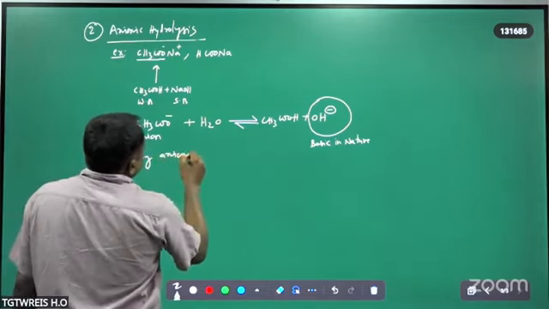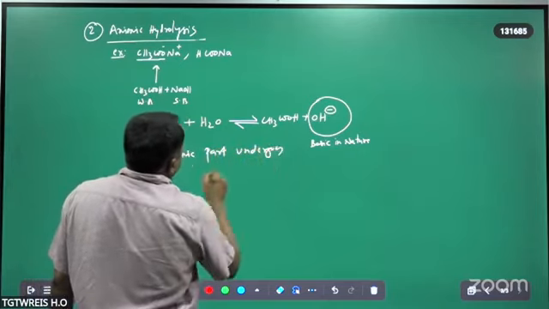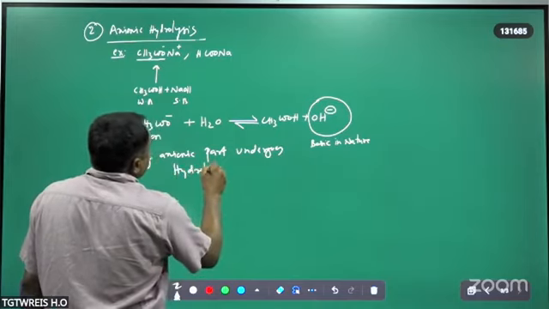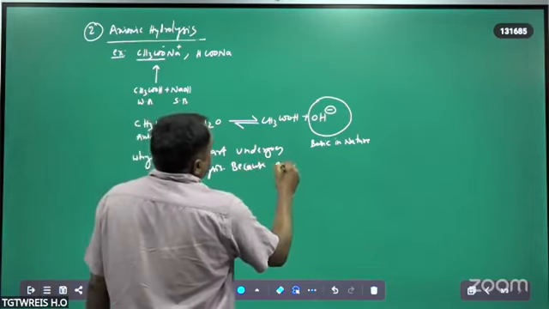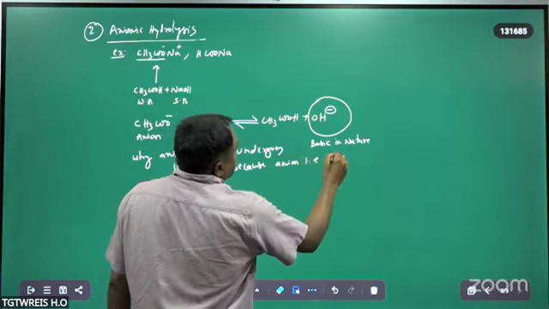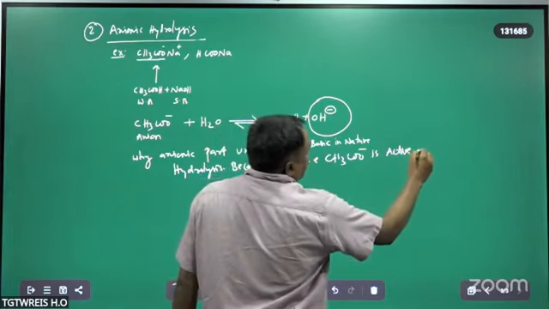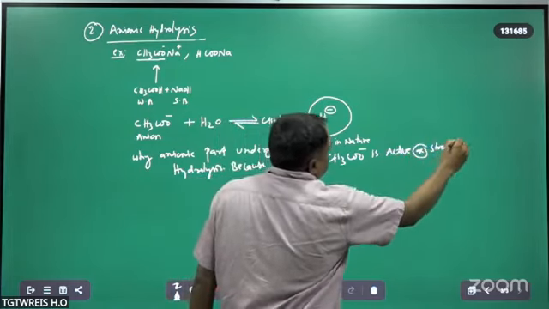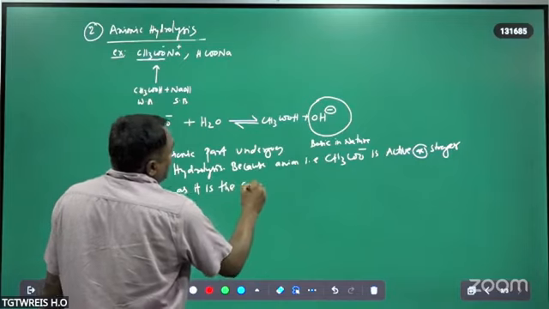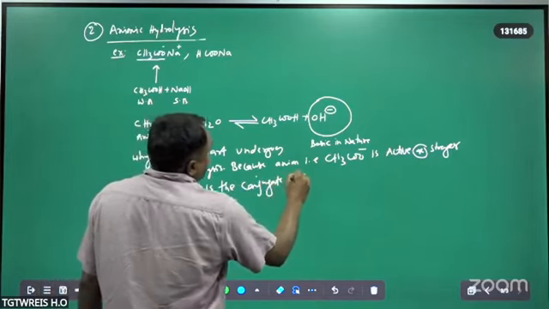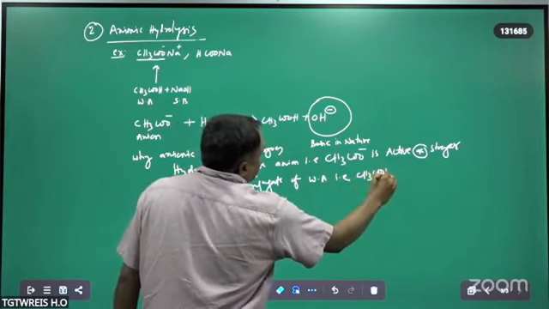Why does the anionic part undergo hydrolysis? Because the anion, that is CH3COO minus, is active or stronger in this case, as it is the conjugate of a weak acid, that is CH3COOH.